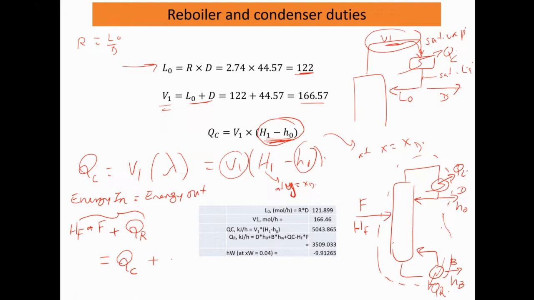So we're going to say D multiplied by H0 plus W or bottom multiplied by HW here. Okay, so now if you do that, this is going to be representing energy out. You have everything except QR, which is not given, so you can calculate it simply.